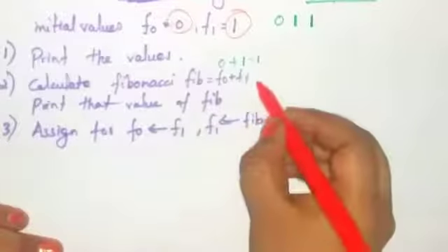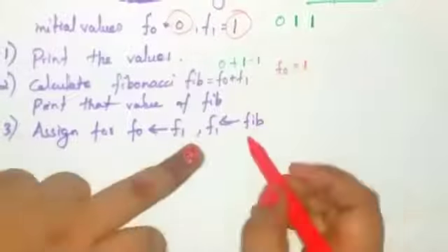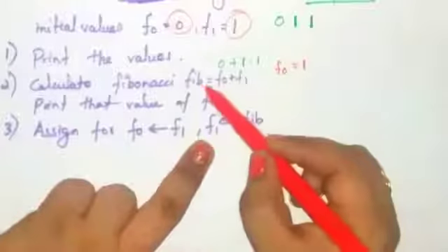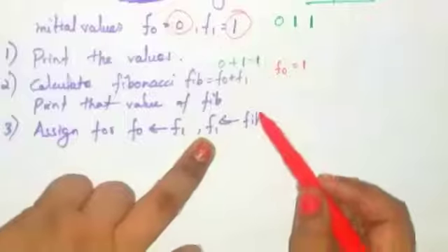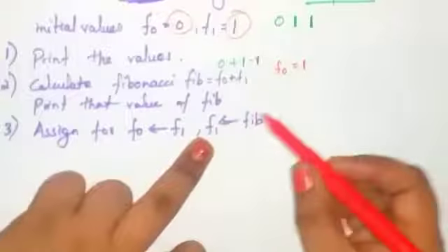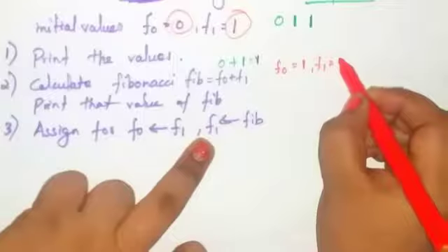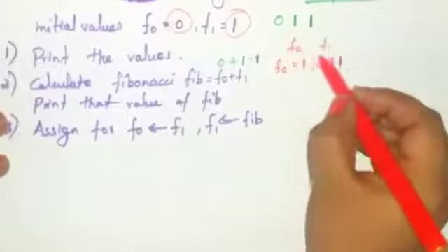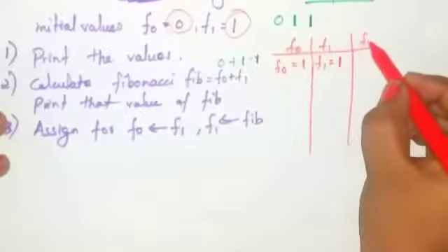So now the F0 value is 1. Next you have to assign the fib value to F1. The fib value is 1, so you have to assign that value to F1. So F1 is 1. This is F0, this is F1, this is fib.